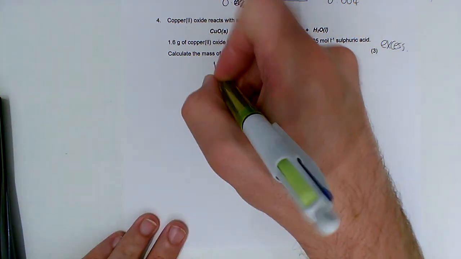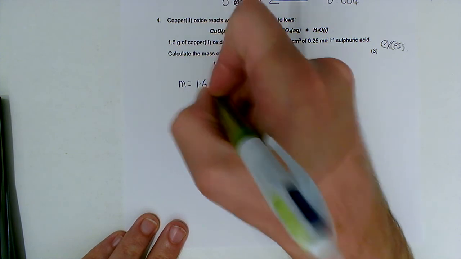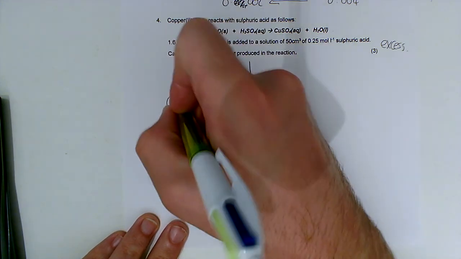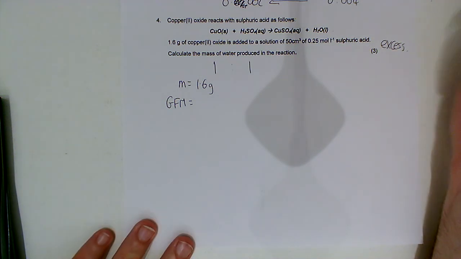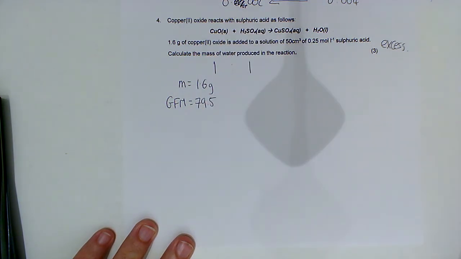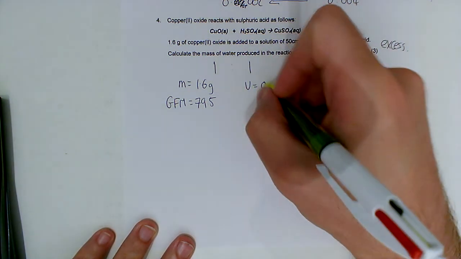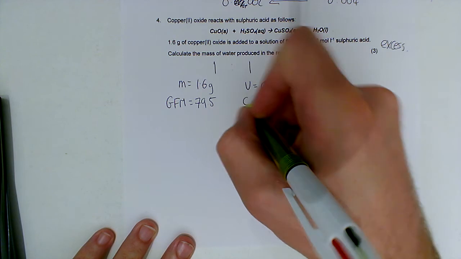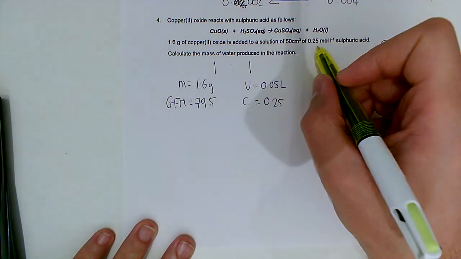So I'm going to start just by looking at my reactants. My ratio is 1 to 1. For this one, I've been given mass equals 1.6 grams, and I can work out a GFM. It's 1 copper, which is 63.5, plus oxygen, which is 16, so that's 79.5. For H2SO4, I've got a volume, which I need to turn into litres, so that's 0.05 litres, and a concentration of 0.25, which is from here.